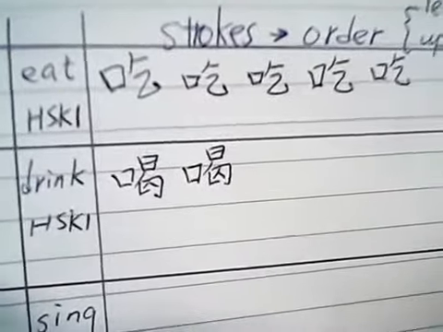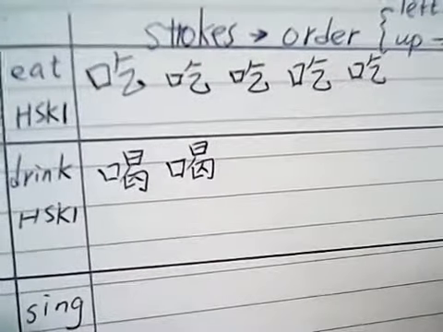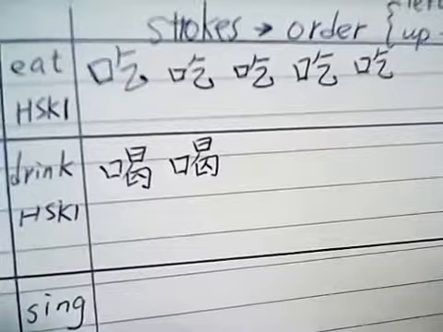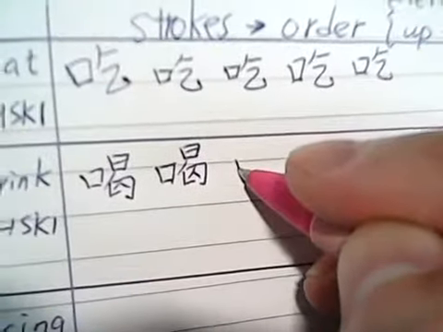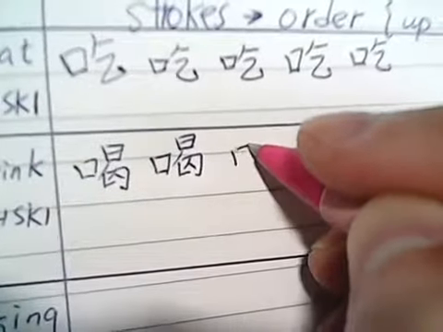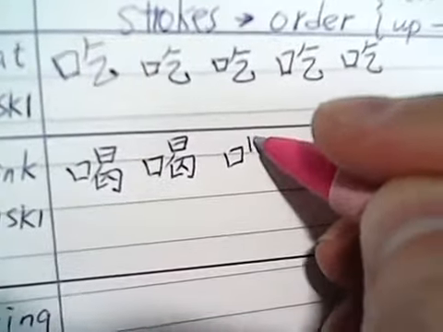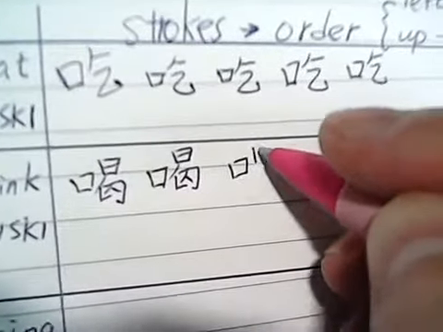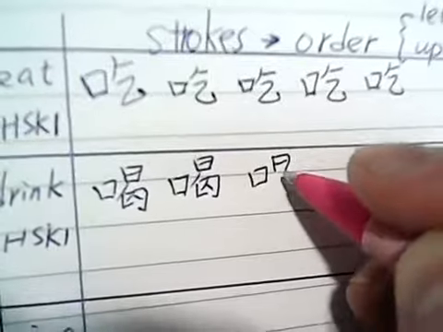Actually, left, right, up, low, that's the basic rule to write a Chinese word with a proper order, which means strokes. Let's write it again. Like this. I'll write it slowly, like this, and then like this.